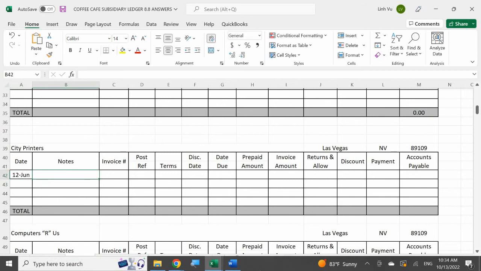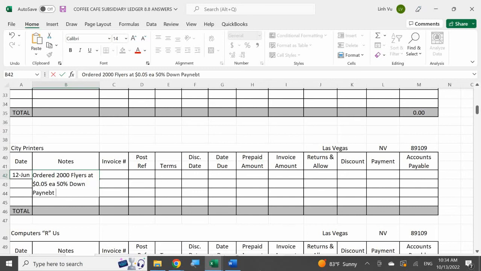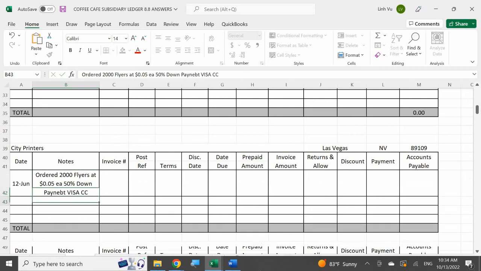You ordered 2,000 flyers at 5 cents each. They required a 50% down payment, and you used your Visa credit card to pay that down payment.